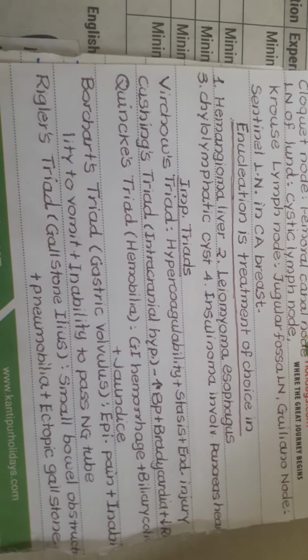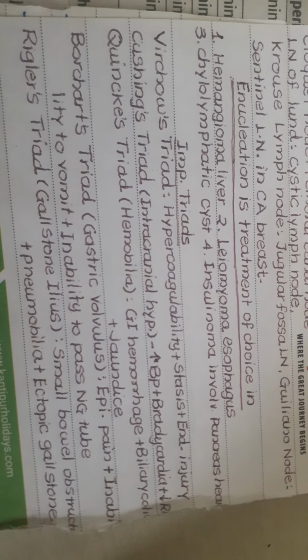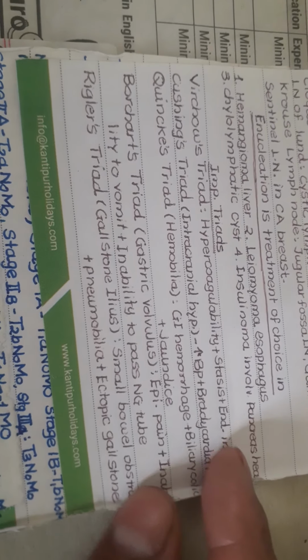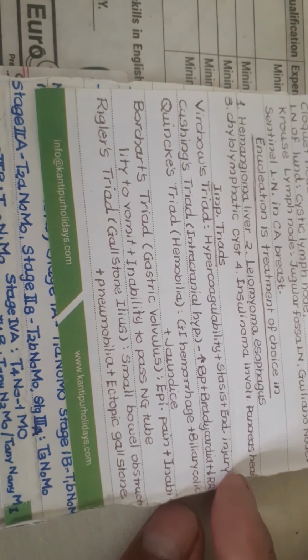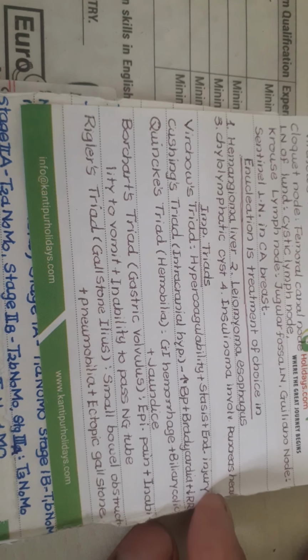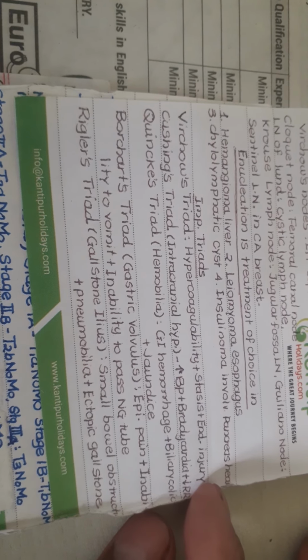Quincke's triad is hemobilia: GI hemorrhage plus biliary colic plus jaundice. Borchardt's triad is gastric volvulus: epigastric pain plus inability to vomit, and inability to pass a tube. Rigler's triad is gallstone ileus: small bowel obstruction plus pneumobilia, ectopic gallstone.